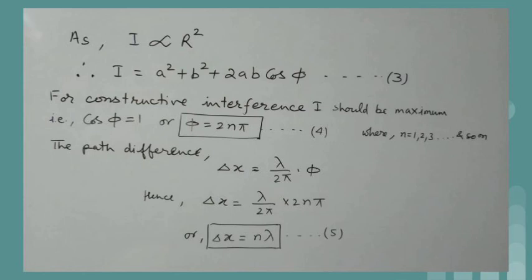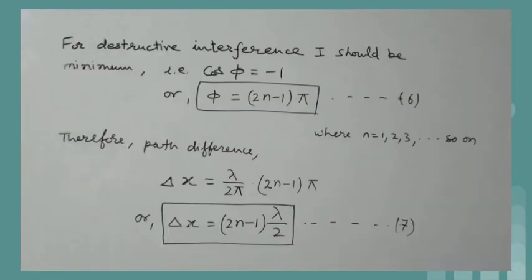For destructive interference, I should be minimum, that is cos φ = −1, or φ = (2n − 1)π, where n = 1, 2, 3 and so on. Therefore, the path difference Δx = (λ/2π) × (2n − 1)π, or Δx = (2n − 1)λ/2.